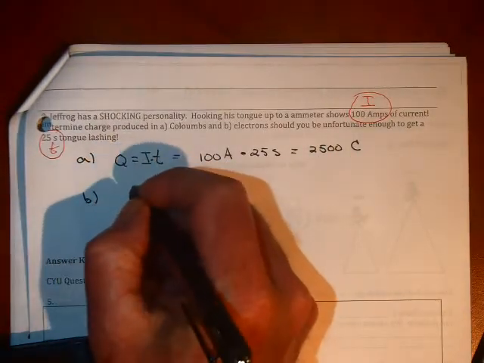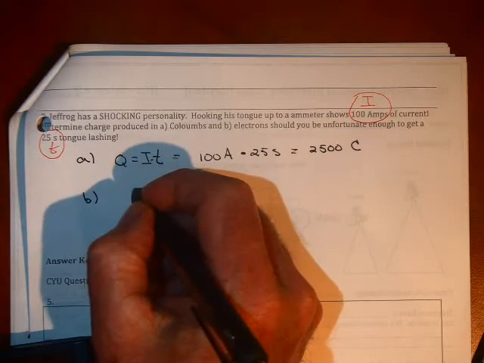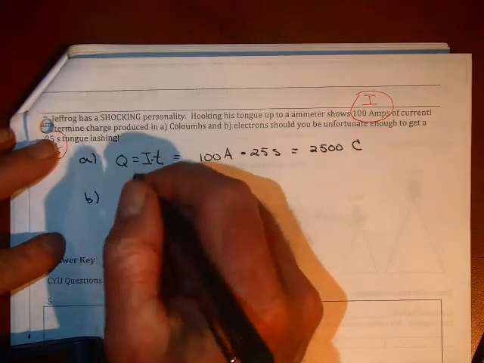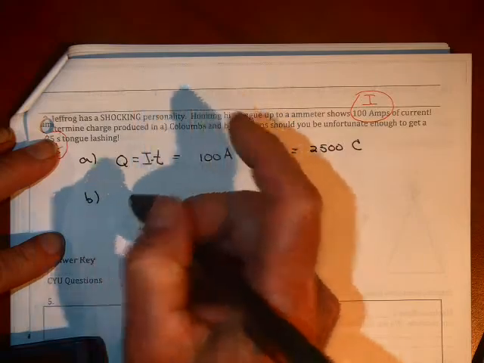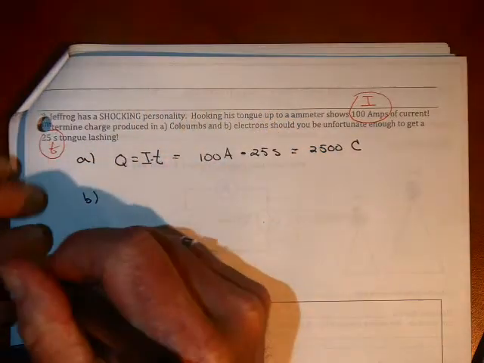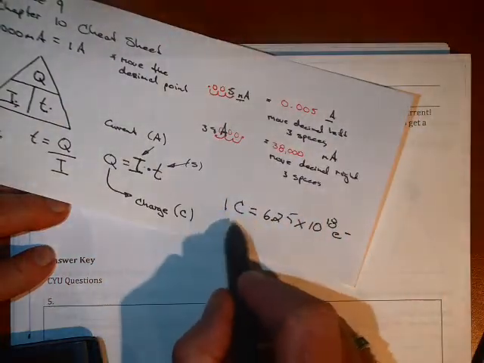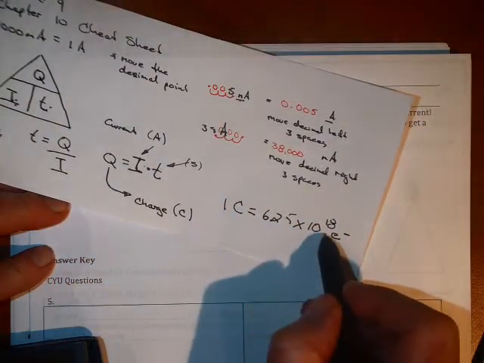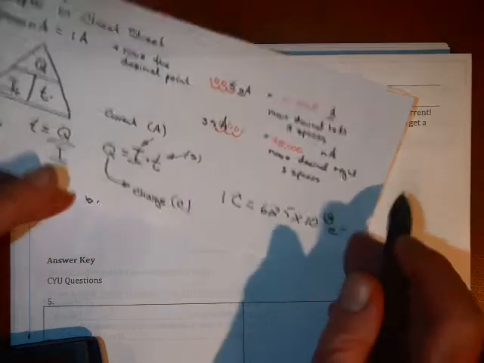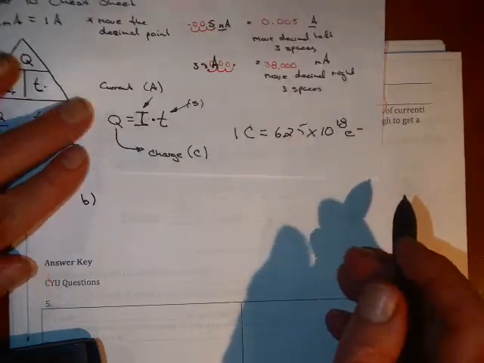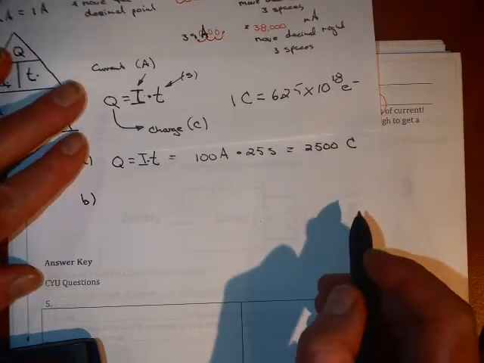So you're asked to translate this to B, in electrons. In 1 coulomb, you have 6.25 times 10 to the 18th. That's what it says here. So how many if you've got 2,500? Ooh, this is going to be a big number.